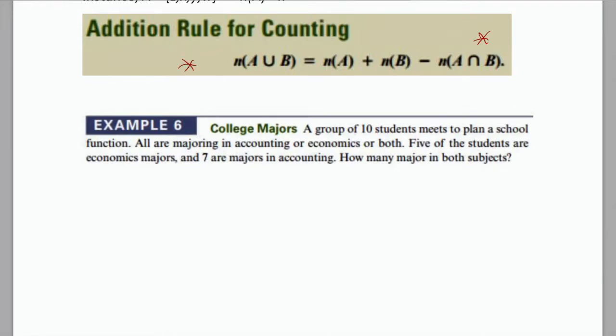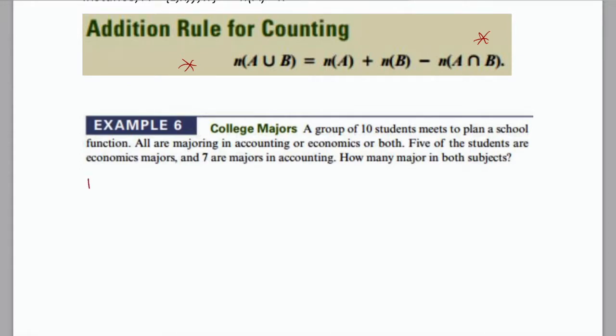So let's see. A group of students meets to plan a school function. All are majoring in accounting or economics or both. 5 of the students are economics majors and 7 are majors in accounting. How many majors in both subjects?